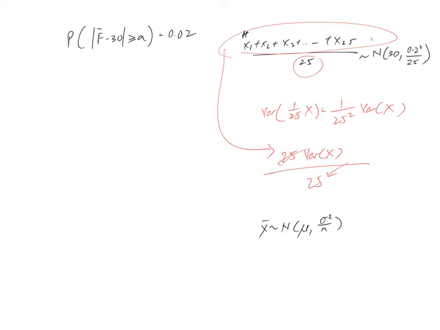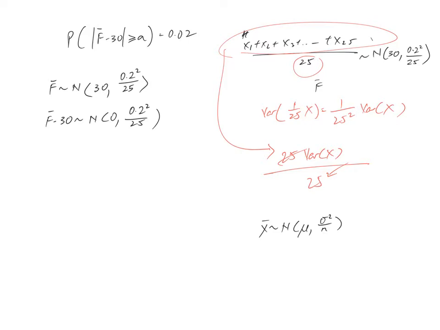And here we know that now f bar follows the normal distribution of 30 and 0.2 square over 25, and f bar minus 30 will also still be normal, and it will take on the normal distribution of 0 and still 0.2 square over 25. I hope you know why I'm doing that. The variance of 30 is just 0.